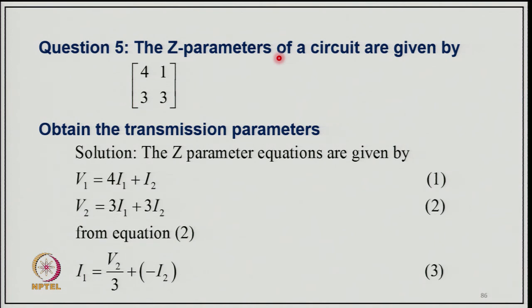Now, question example 5: the Z parameters of a circuit are given as 4, 1, 3, 3; obtain the transmission line parameters. We can write the equations for Z parameters: V1 equals 4 I1 plus I2, and V2 equals 3 I1 plus 3 I2. From the second equation, we can write I1 equals V2 by 3 minus I2.